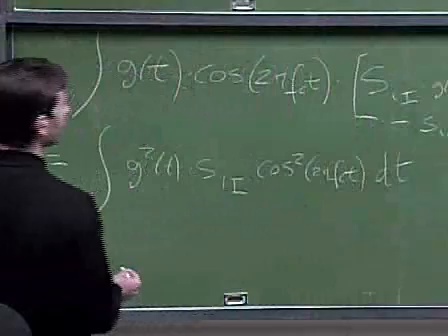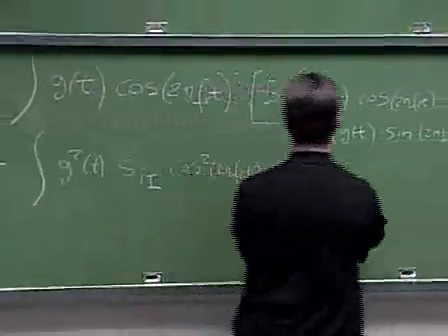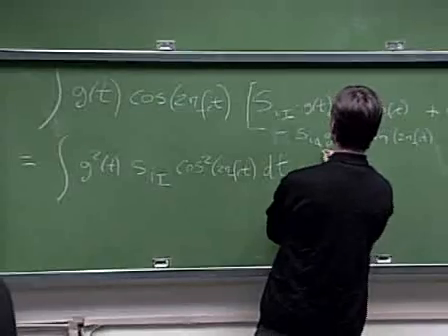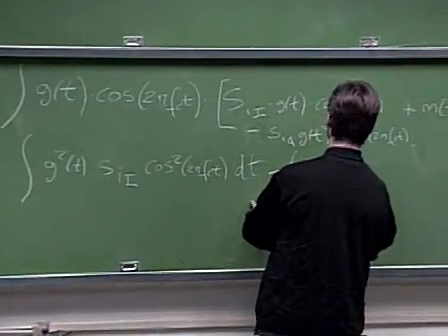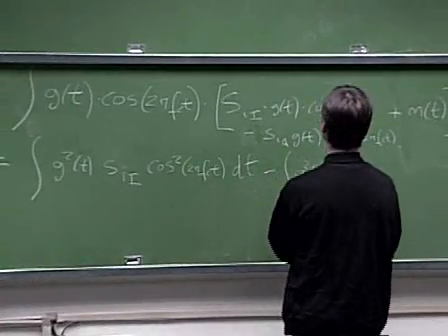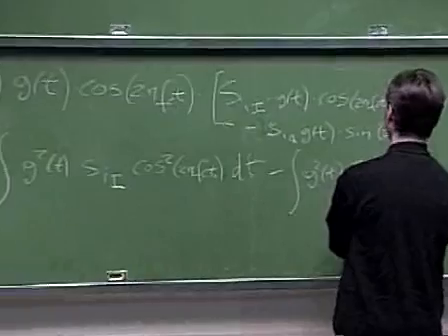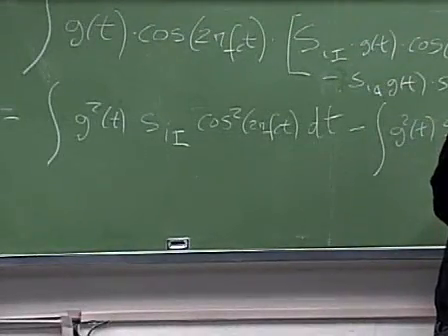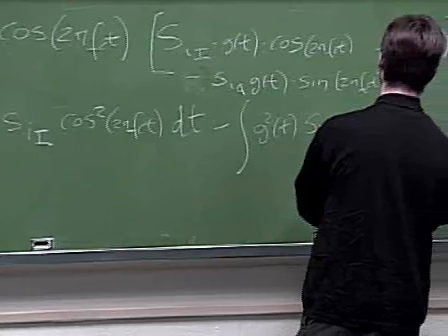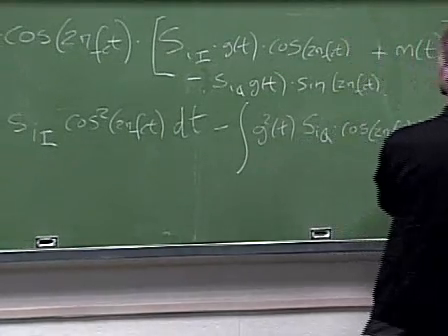The second one is, try to put it here, minus the integral of g squared of t. Now we have S_IQ times cosine times sine.